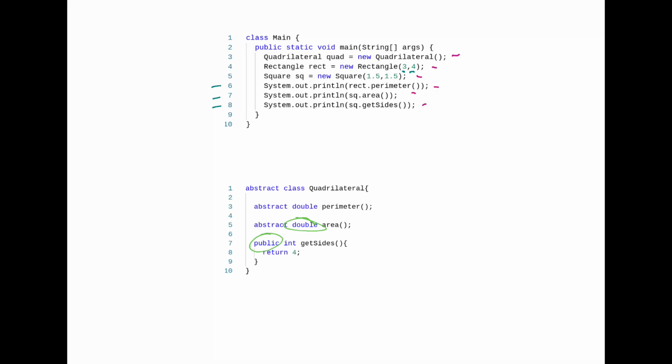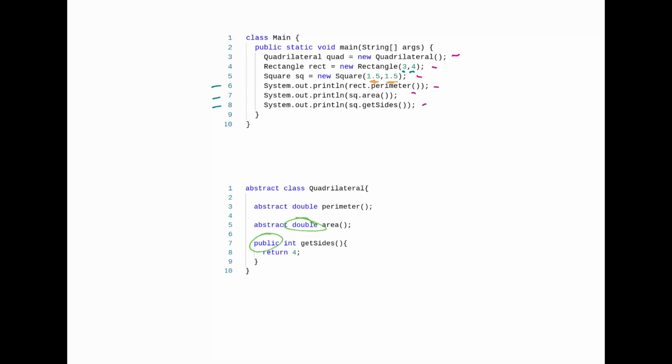It's going to check for our square, once again making sure that those two numbers are the same. Which they are, so it's not going to print the not a square message. Then it's going to calculate the area. So it's going to do 1.5 times 1.5, which gives us 2.25. I'm sorry, it's actually going to do Math.pow, so it's going to do 1.5 squared, which is the same thing, and gets you 2.25.